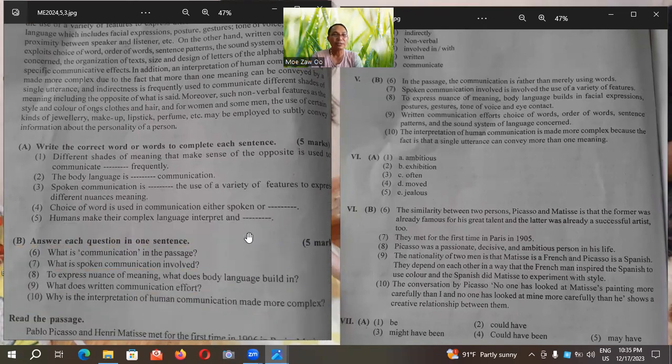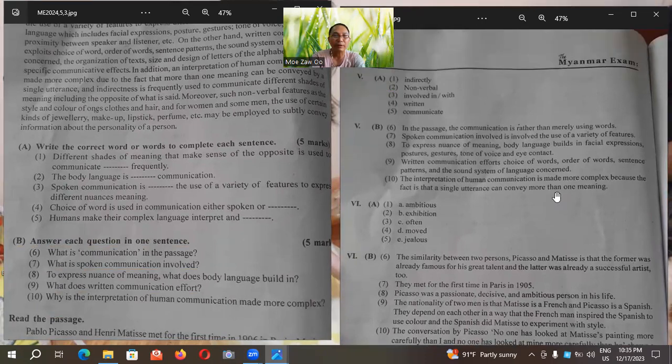Number one, different shades of meaning that make the sense of the opposite are used to communicate indirectly, frequently. Number two, body language is a kind of non-verbal communication.